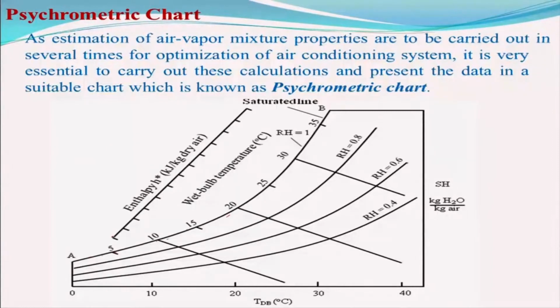And this scale shows the enthalpy of the moisture, that is kilojoule per kg of dry air. That gives the enthalpy, and the specific volumes and other things will also be given. Let me just show you, to illustrate this point, that these are all given together in a plot, and that we call a psychometric chart.